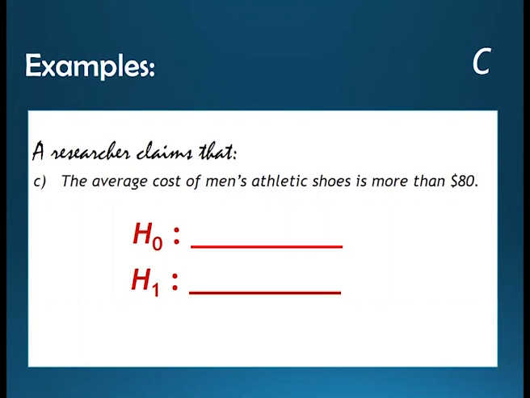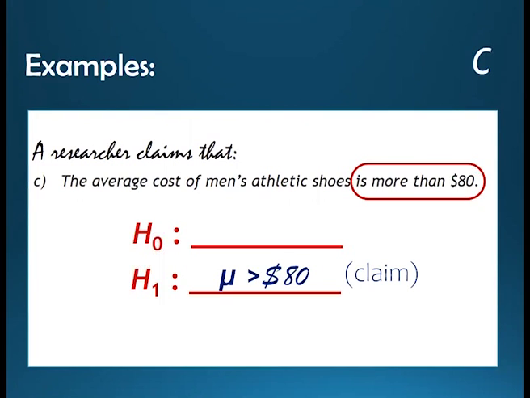Let's begin with the alternative hypothesis, since this is the claim. So the alternative hypothesis would be the mean cost of men's athletic shoes is more than $80.